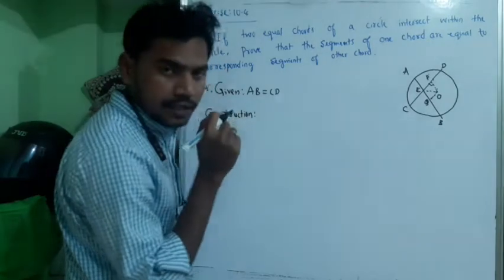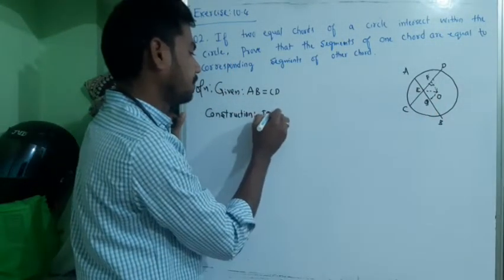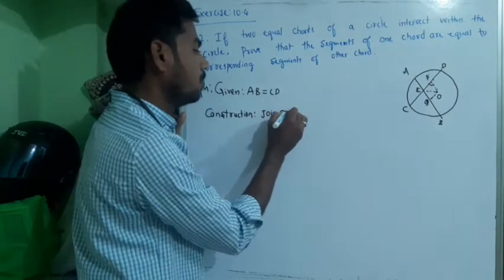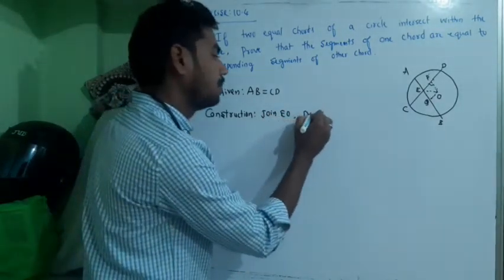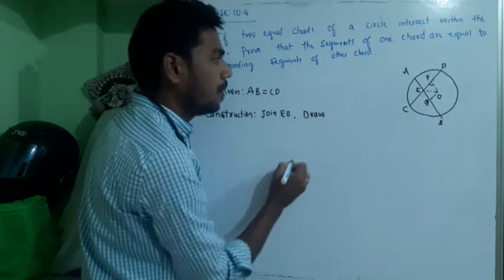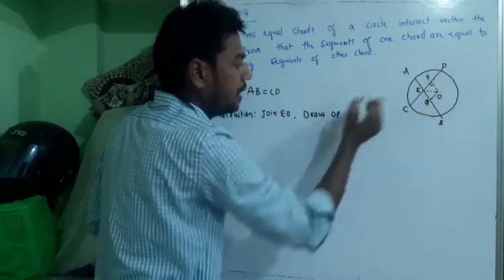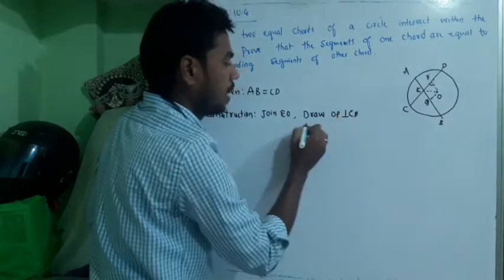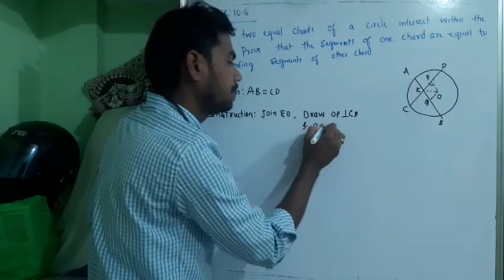What is the construction that we are doing? Join EO. After that, draw OP perpendicular to CD and OQ perpendicular to AB.